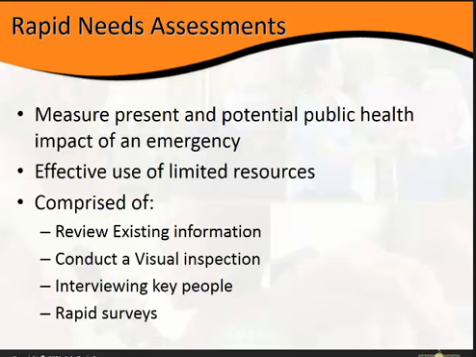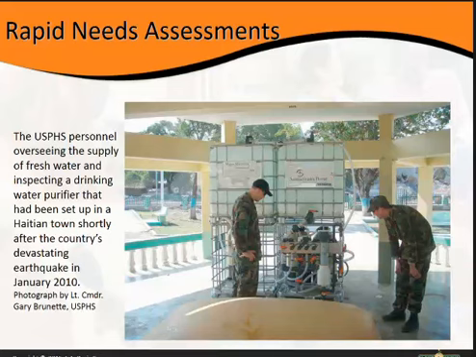So it's a rapid survey, and the resources are limited, so you really have to hone in on very specific objectives and carry out interventions in a pretty consistent and concise way. Here's an example of supplying fresh water after an earthquake, and I want to say this was in Haiti.